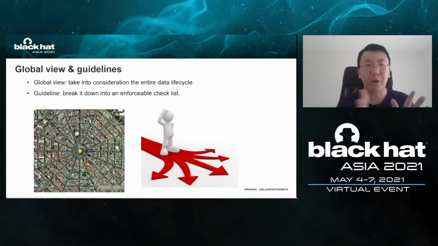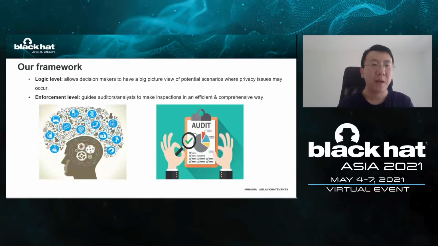We have a global view. Basically, we take into consideration the entire data lifecycle. And meanwhile, we are going to break down into enforceable checklists or tools. So this results in a two-level framework. The logic level comes from the global view.